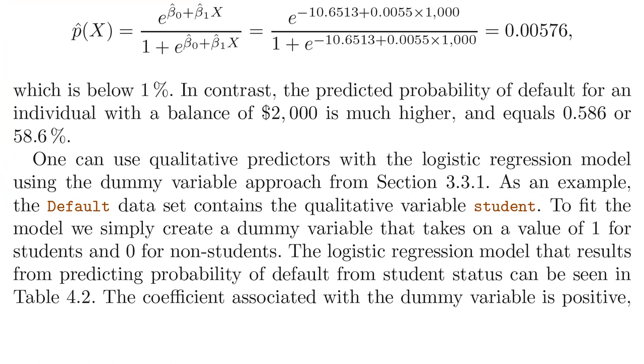As an example, the default data set contains the qualitative variable student. To fit the model, we simply create a dummy variable that takes on a value of 1 for students and 0 for non-students. The logistic regression model that results from predicting probability of default from student status can be seen in 4.2.